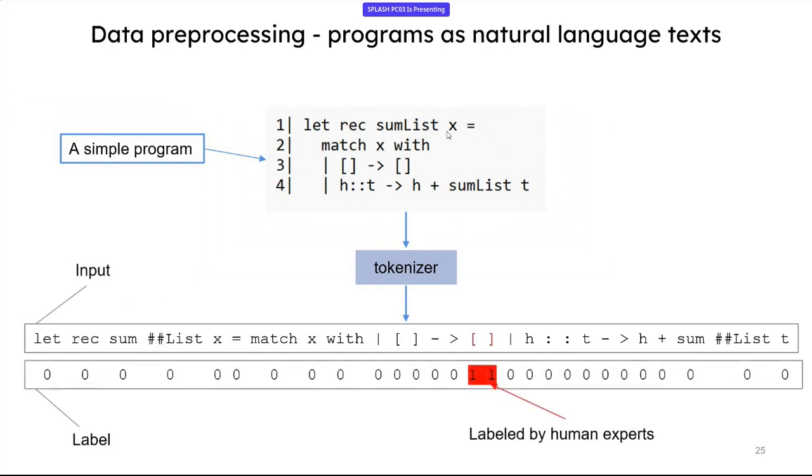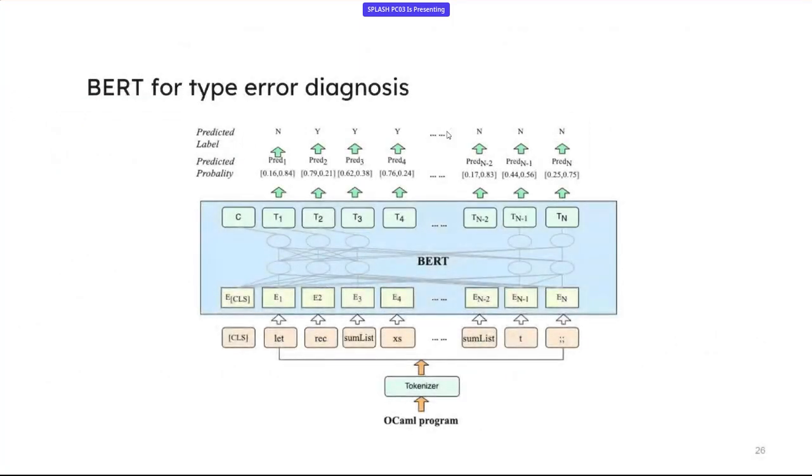In addition to that, we will have a list of binary digits labeled by human experts. A digit of zero represents that the corresponding token has nothing to do with the type error location, and one means this token is related to the type error. After we have this transformation, we just pass all this input into the model.